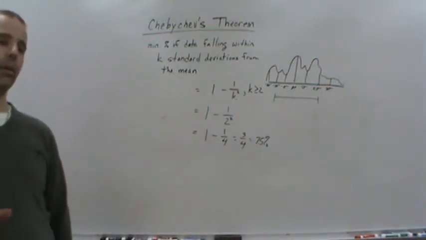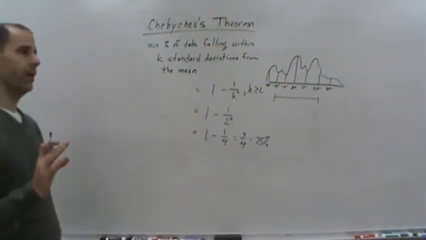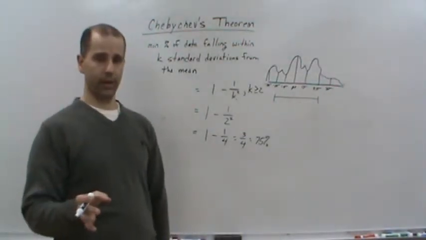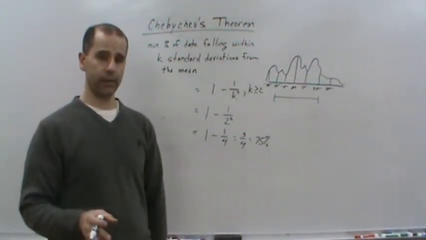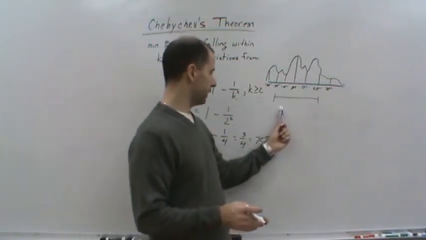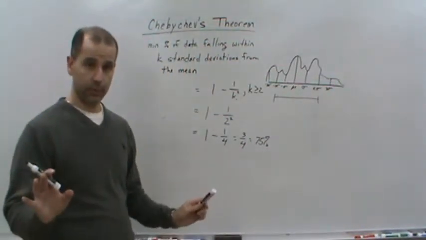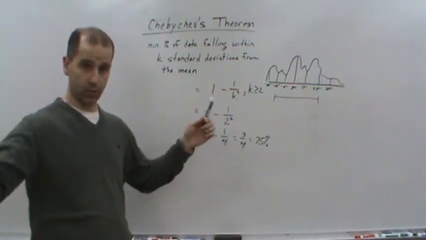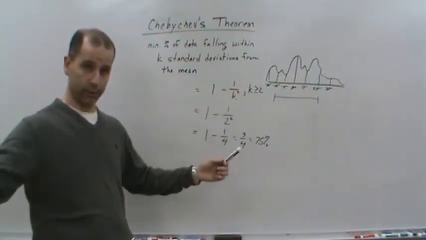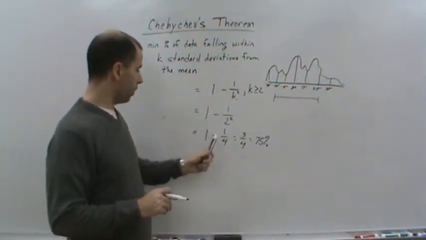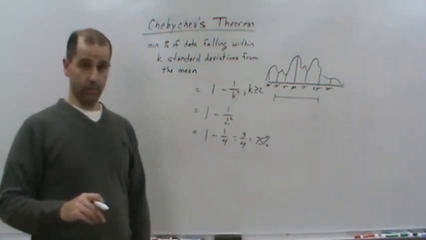So we know that there's a minimum of 75% of the data that falls between these two values, whatever those values turn out to be, because those values represent 2 standard deviations away from the mean. That's the idea. And again, you could do this for 3 standard deviations.